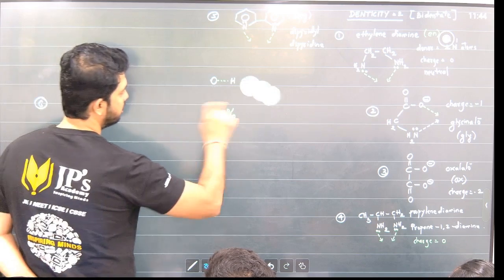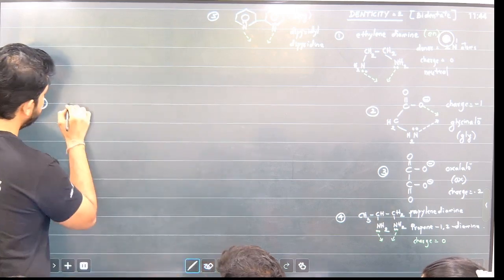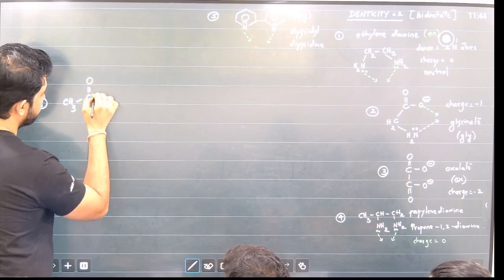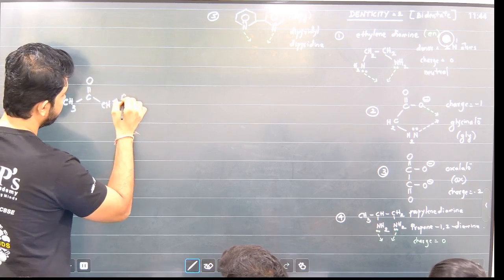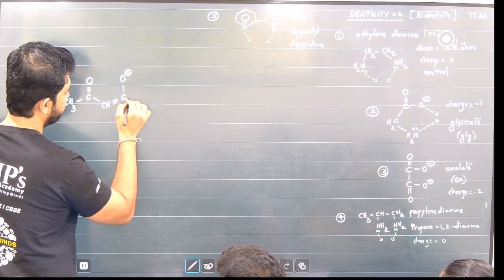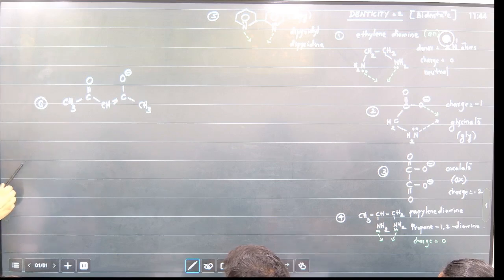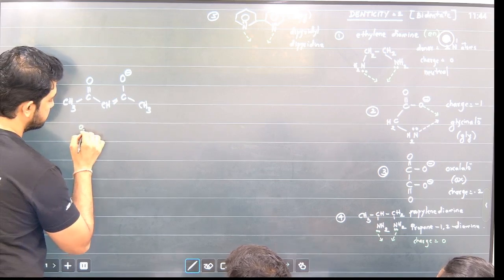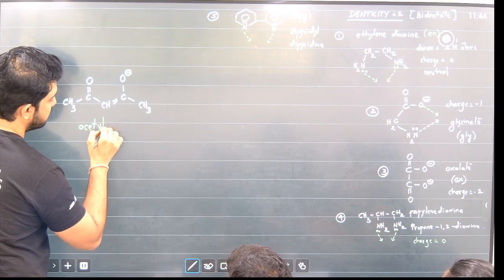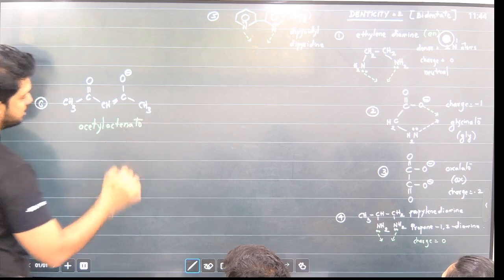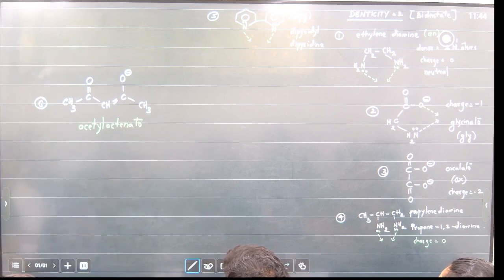Very good. किसी को कोई याद नहीं. Now, so the enolic form, ठीक है? This is a ligand. The nomenclature for this is called as acetyl acetonato.